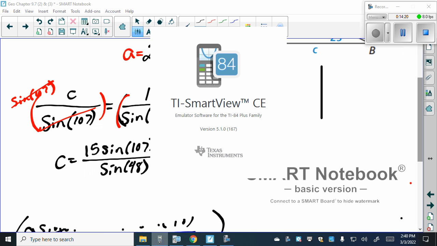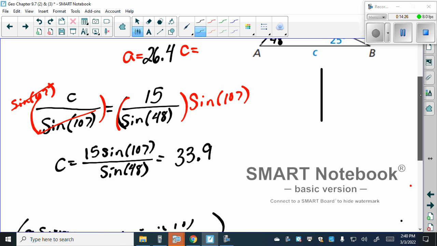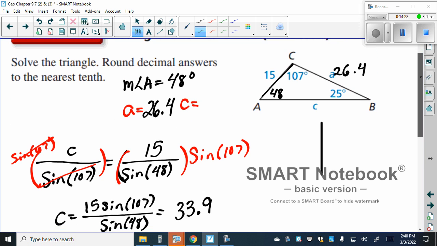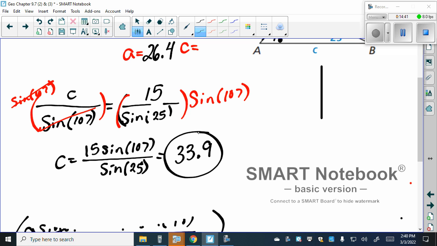25. That's why, because opposite 15 should be, thank you, because this here shouldn't be 48, it should be 25. That's my fault. Got to the right answer, but had the wrong number written down.